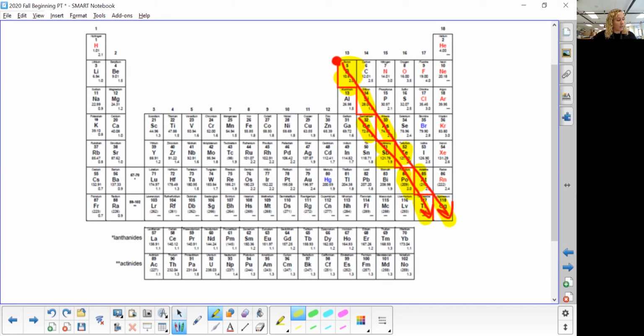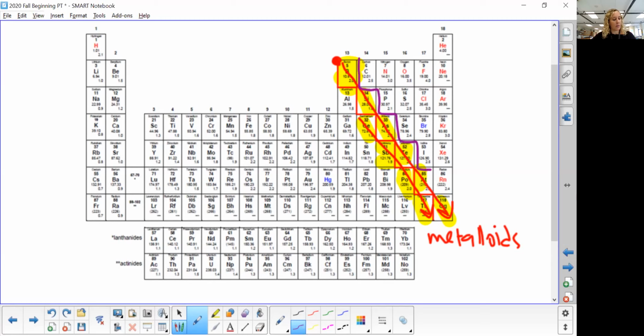Then it's easiest after you highlight your metalloids. Let me just label this metalloids. If you then find your nonmetals, nonmetals are in the upper right-hand corner and they are above your metalloids.